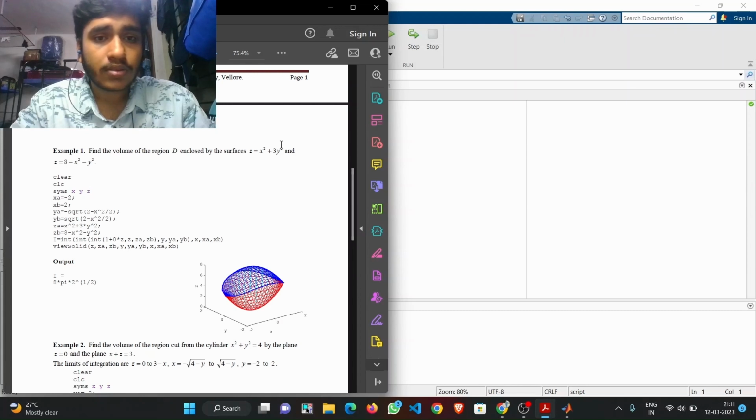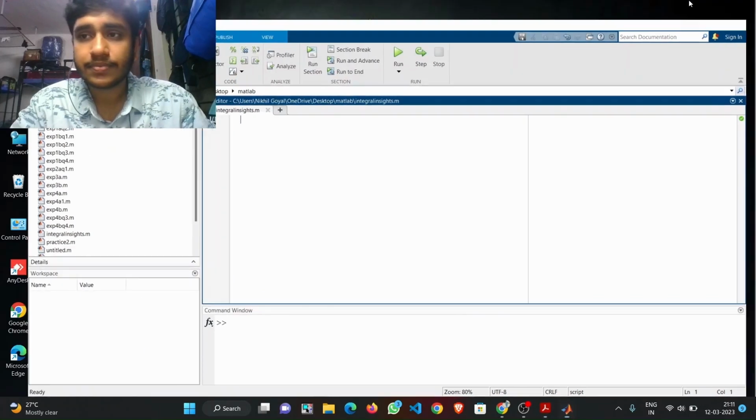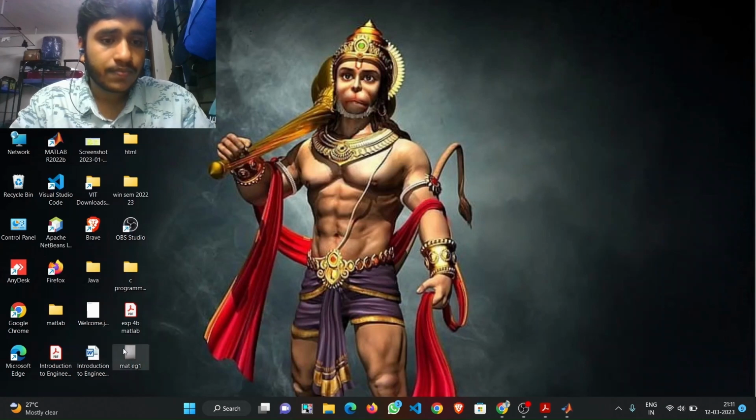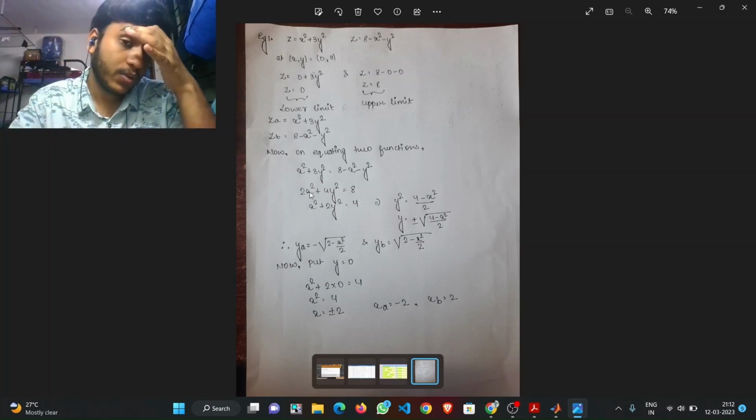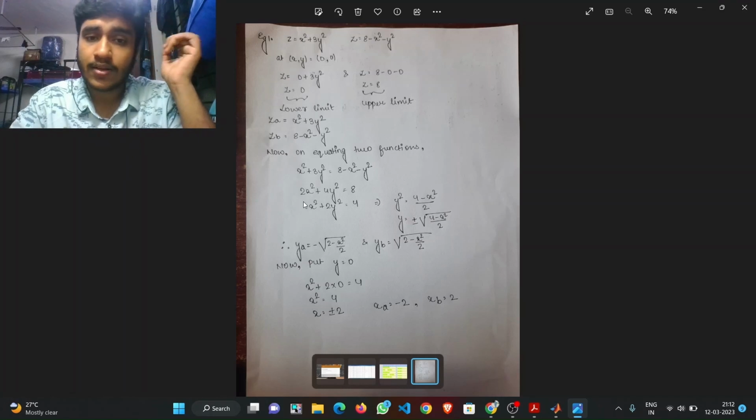And now when we equate these two functions, x square plus 3y square and 8 minus x square minus y square, we'll get 2x square plus 4y square equals 8, that is x square plus 2y square equals 4.